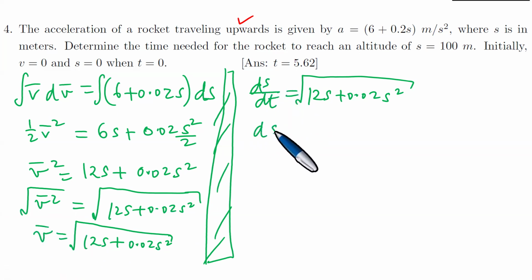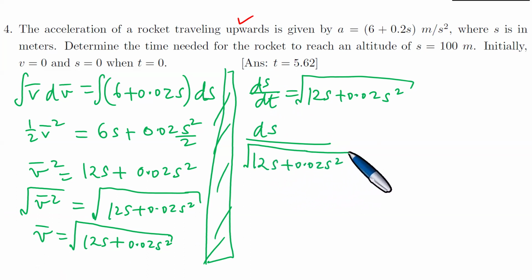So which means that whenever we have ds, we can divide that by the square root of 12s minus 0.02 s squared by algebraic manipulation, and this is dt.